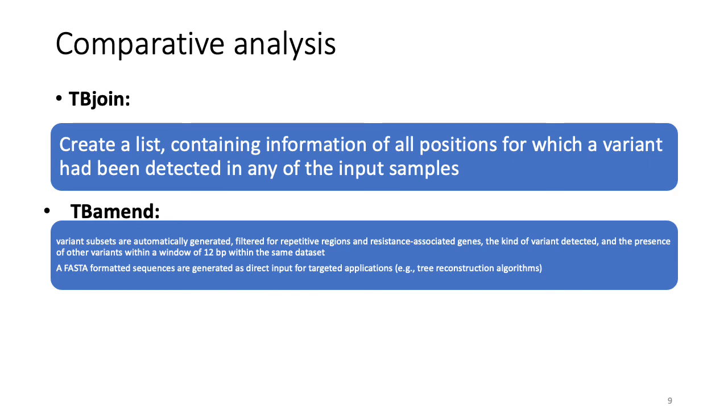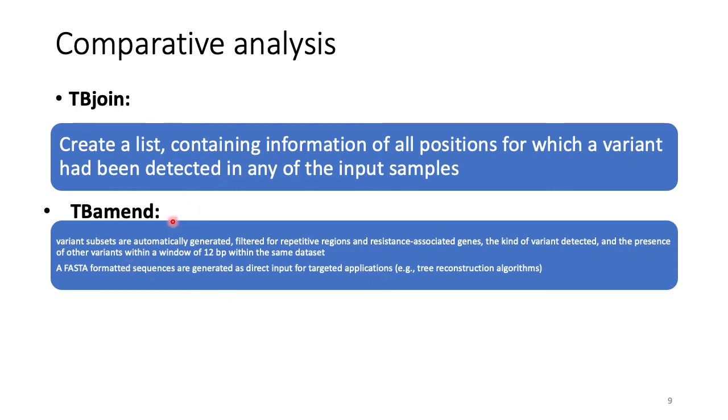In addition, TBamend will create concatenated FASTA files containing all the SNPs that passed these filters. That means the SNPs were not present in the repetitive regions, were not in the resistance-associated genes, were not in insertions and deletions, and were not present with other SNPs in a window of 12 base pairs.